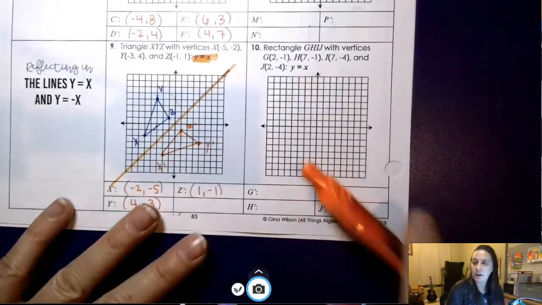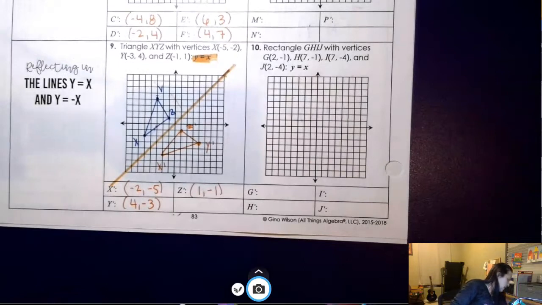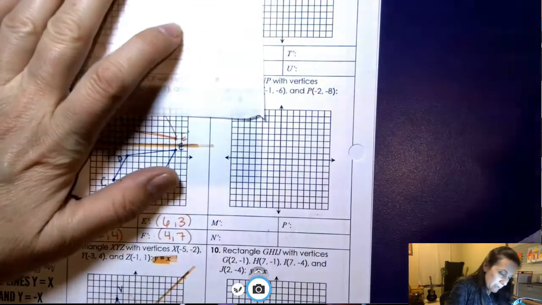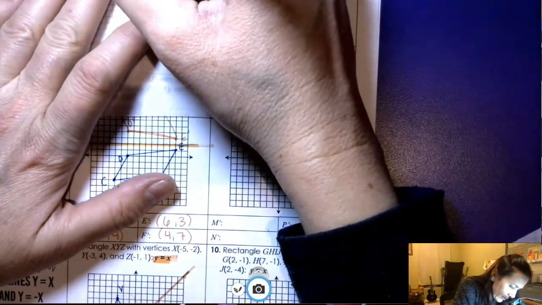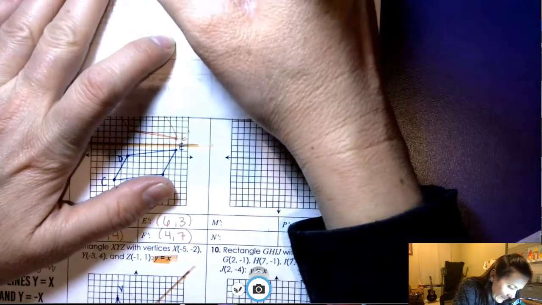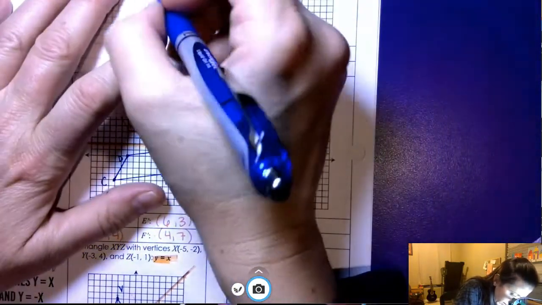Another way you can do some of these, I have this stuff called patty paper, which is basically like a tracing paper, and it's nice because you can see the shape that I'm tracing as I reflect over this line. So I usually have an origin that I'm going from on the line.